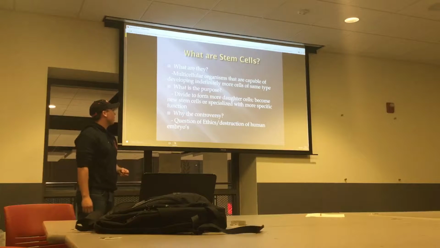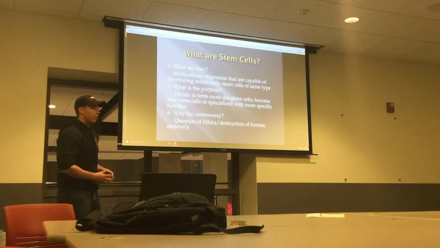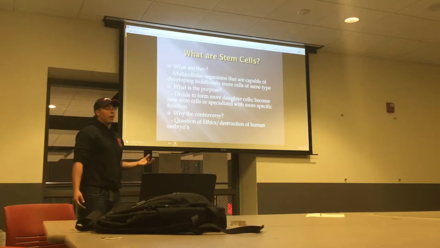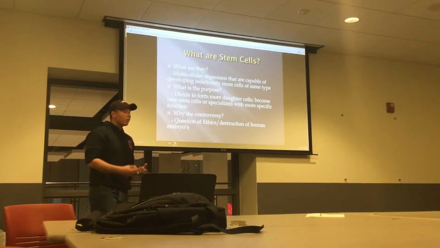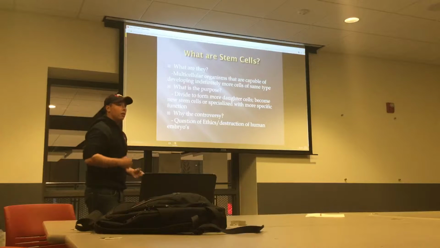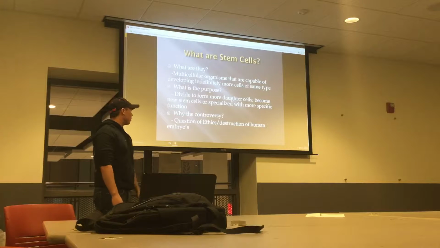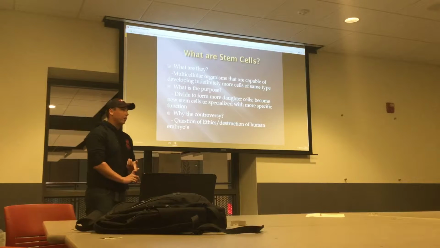The purpose of them is to divide and form more daughter cells, to become new stem cells or specialize with a more specific function. So embryonic stem cells can become something like a muscle stem cell and then transform itself into a heart cell or a brain cell, if necessary, and that can be done through genetic functioning and genetic mutating.